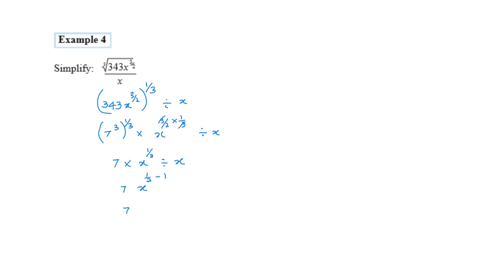So which means 7 x to the power minus half. So you have to write it as positive, that is 7 over x to the power half there. Or you can write 7 over square root x as your answer. Okay kids, now you can try exercise 2.1.